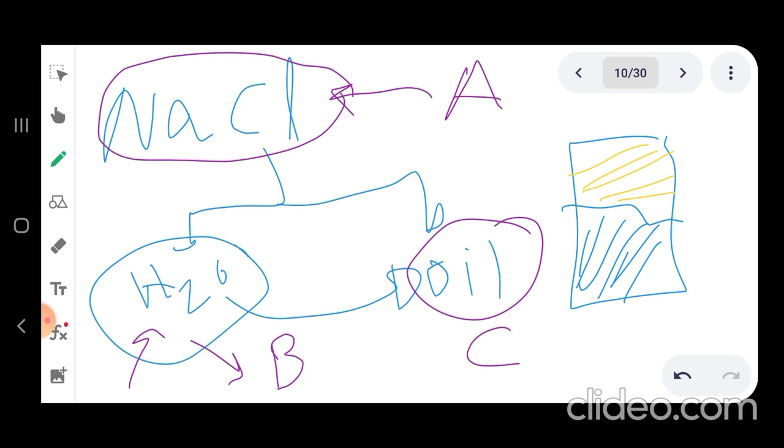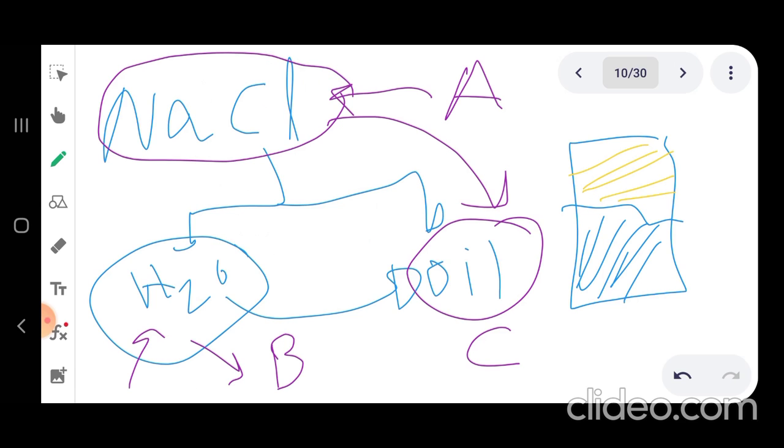Now, suppose you have a mixture of NaCl and oil. Again, this is A and C. As we said, A represents NaCl, salt, and C represents oil. Let's say you are interested in taking this A, the salt, out.